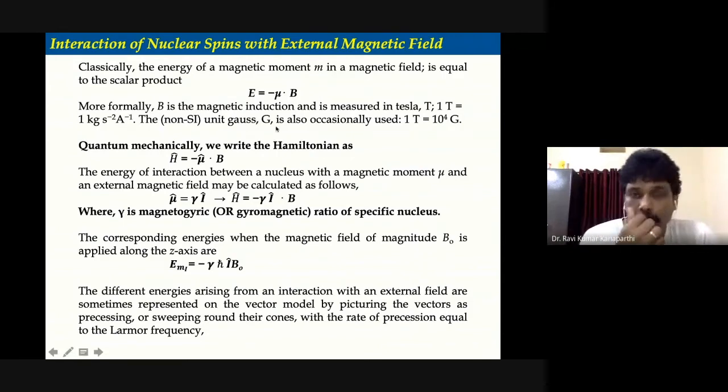Now, once you have the classical expression for the interaction energy of the bar magnet in an external magnetic field, we can write down the Hamiltonian.